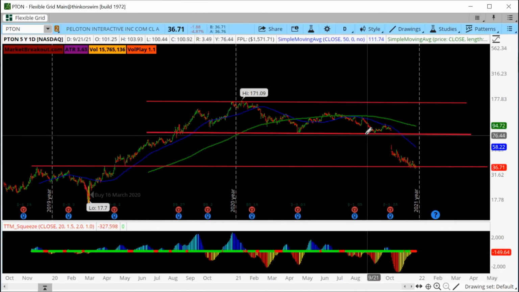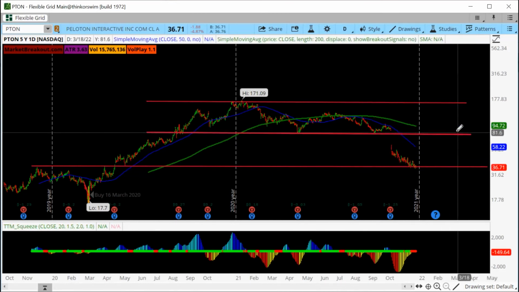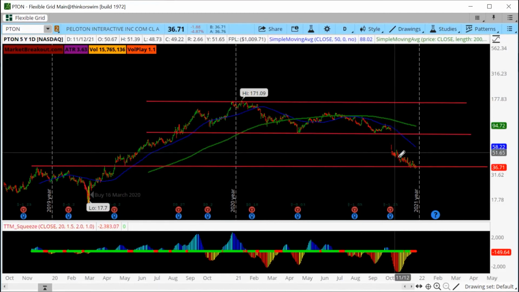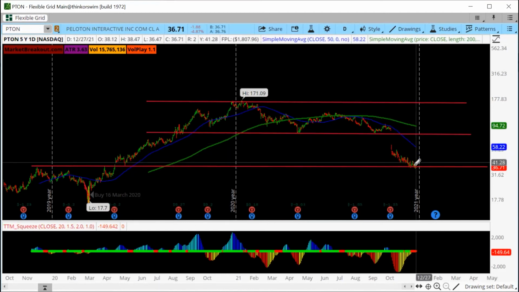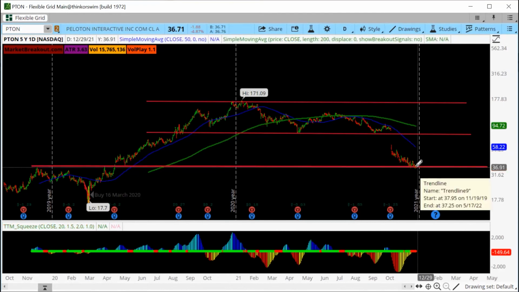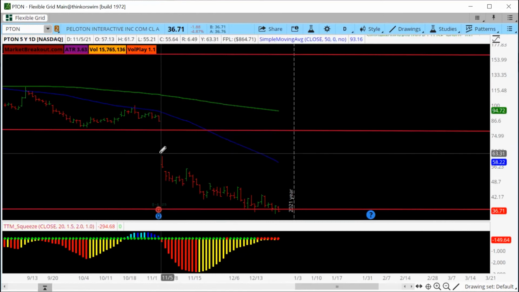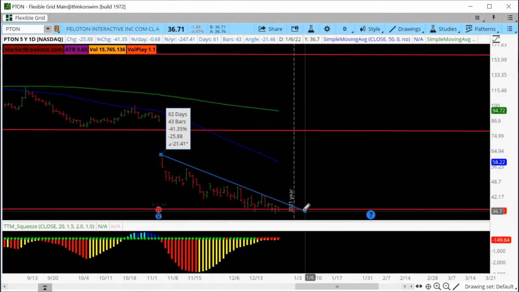We draw this line; it was support before, and then the stock broke this support level, and we see some downtrend.